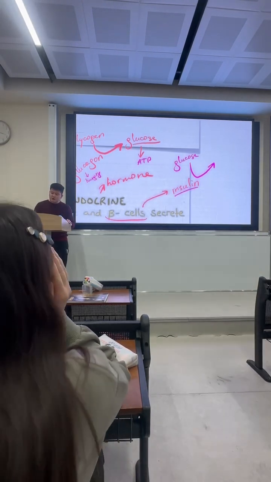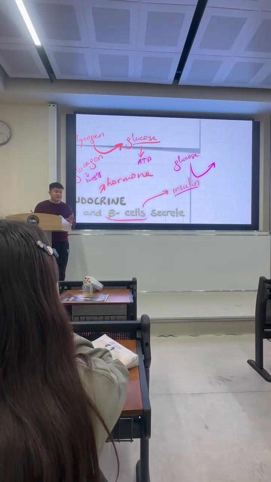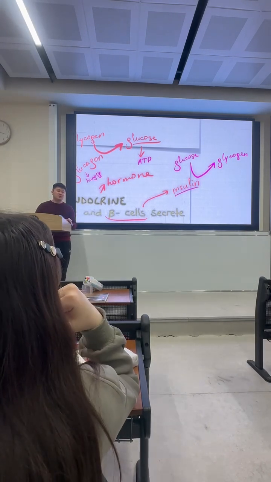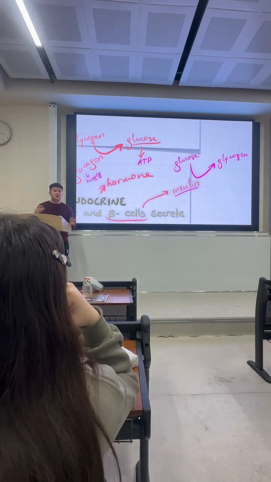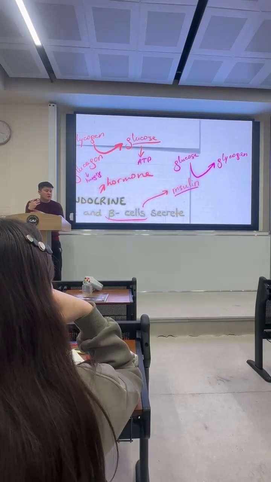This glucose goes to the liver and muscle to make glycogen again, to be used when I'm hungry tomorrow. So glucagon and insulin work together when you're hungry and when you're full.